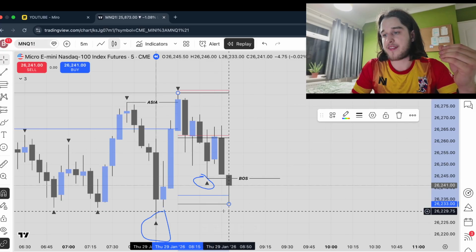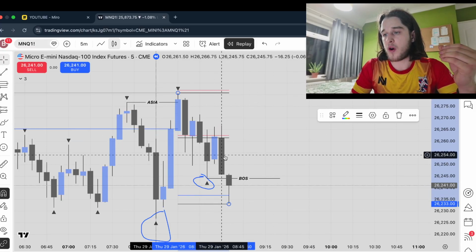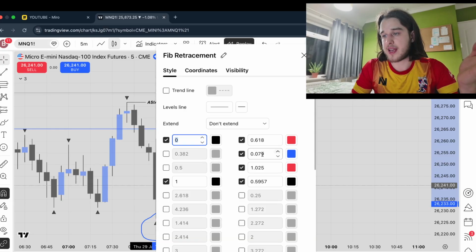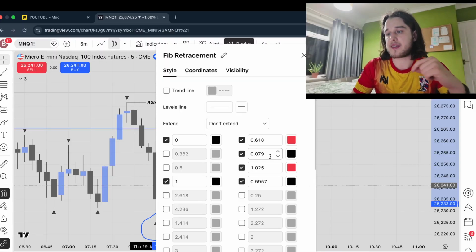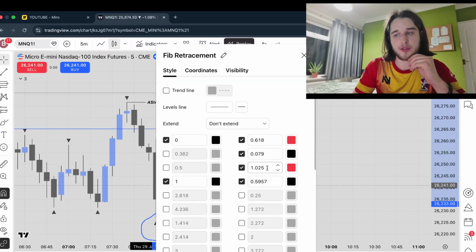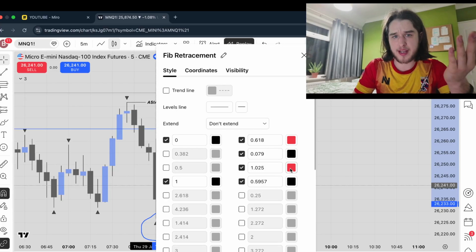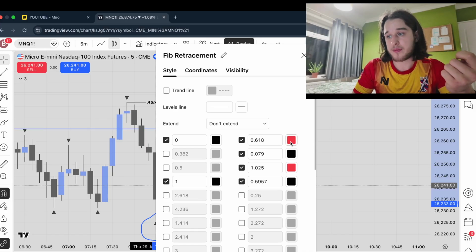I can change the color settings here so everything is black like this. And you just want the 1.025, make it red or something, whatever color you like. And then the 0.618 level, make that red as well, whatever color you fancy.